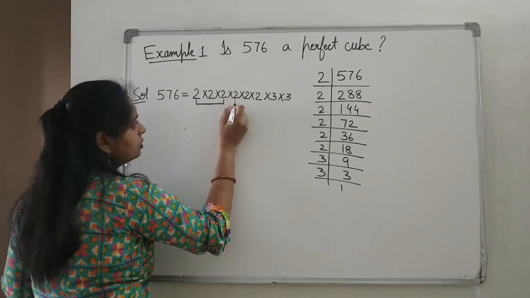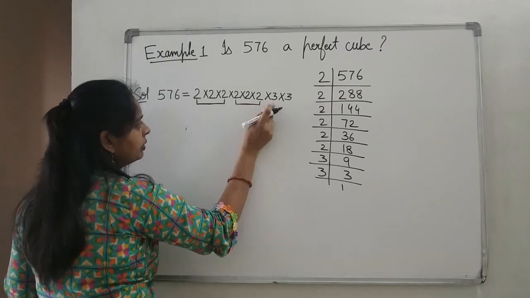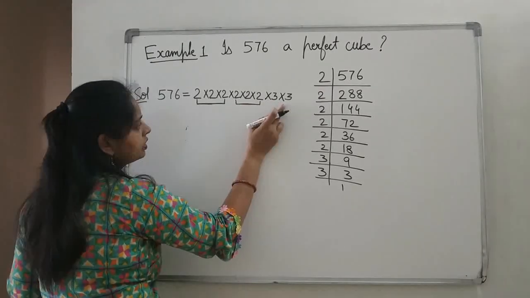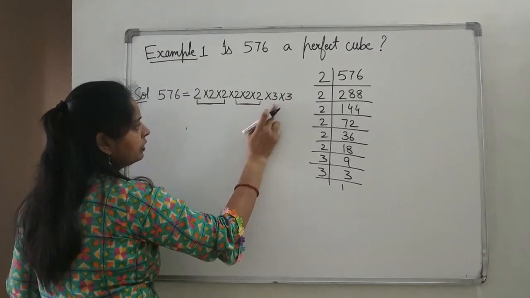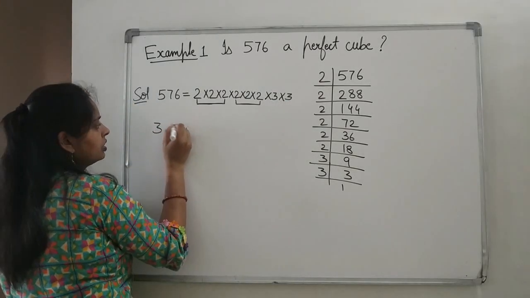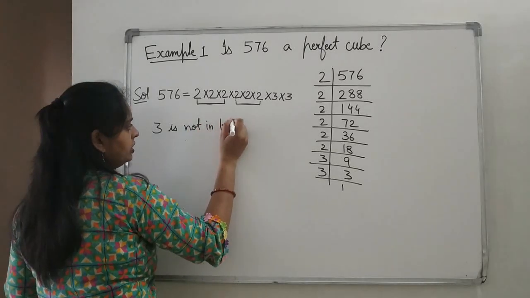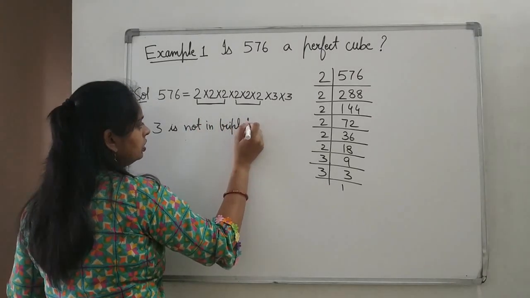Again we got 2 three times, so again we have made a triplet. But here only two 3s are there. I am not having the triplet for 3. 3 is not having a triplet.